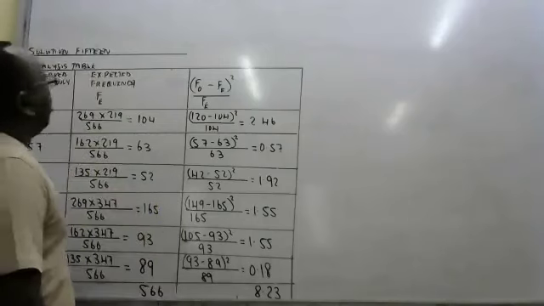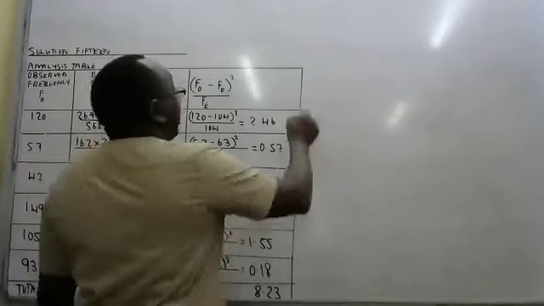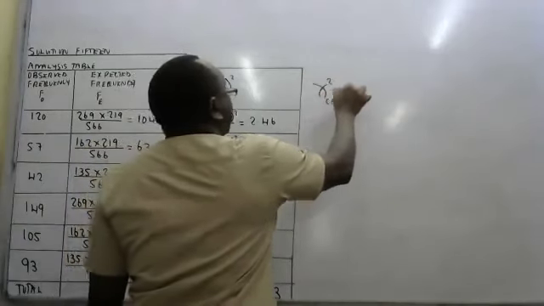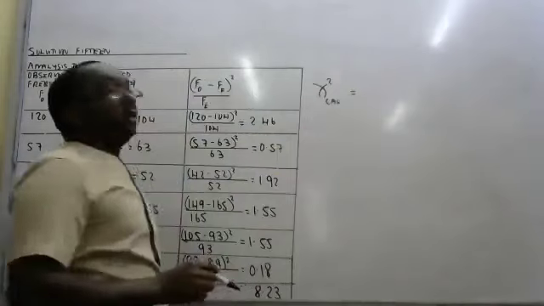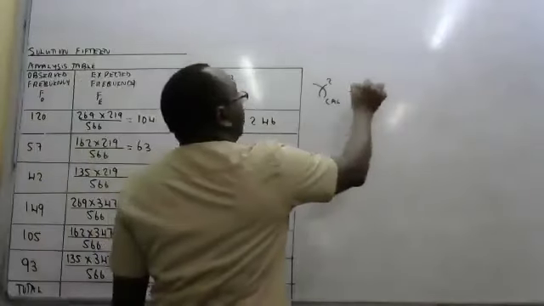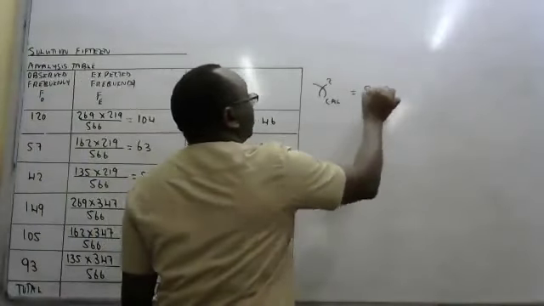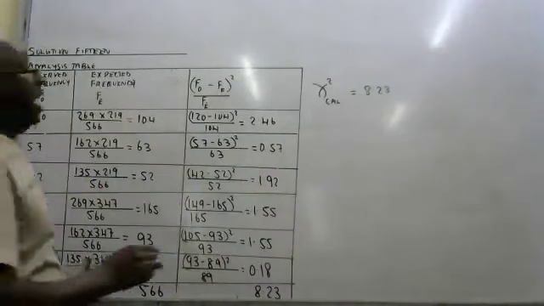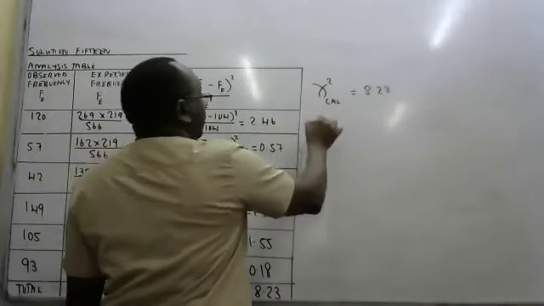Sasa ukishafika hapo, you now go down there and tell us chi-square calculated. Chi-square calculated is this one, 8.23. Then you look for degrees of freedom.